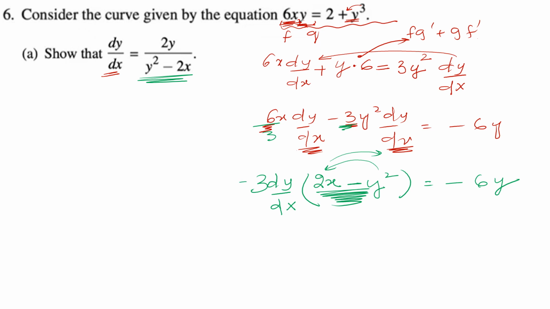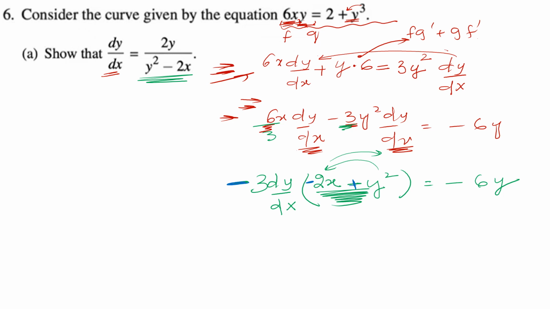If you write the negative here, this will become negative and this will become positive. So that's so simple. Otherwise, rather than bringing the 6y^2 on this side, bring the 6x on the other side. So anything you can do.